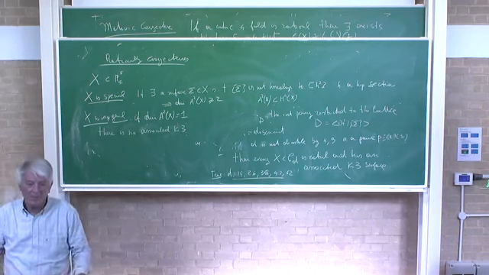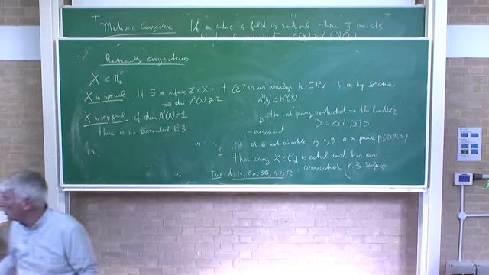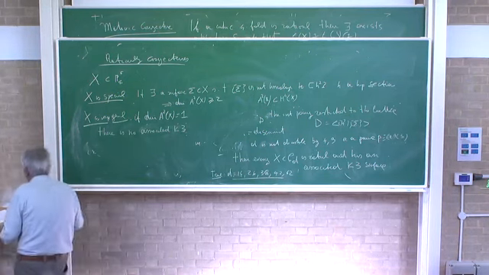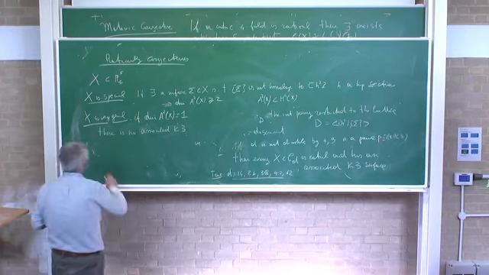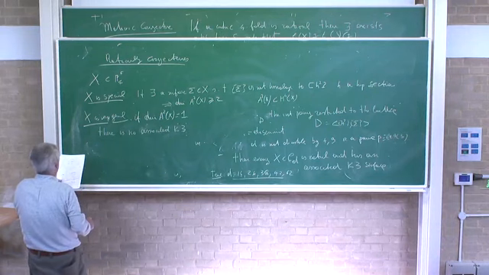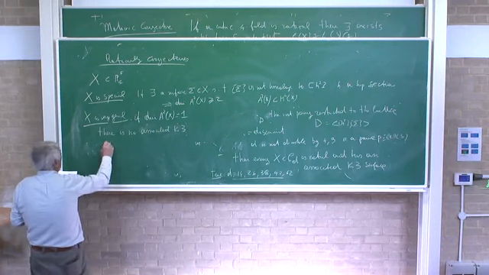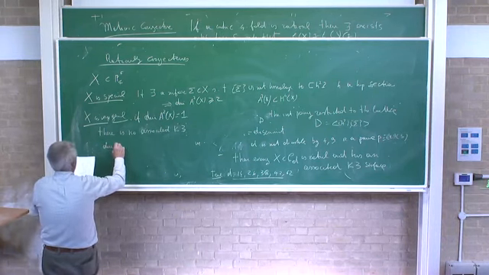Why? Just make a computation on the Hodge diamond. Because if it is very general, then rho 2 of X is equal to 1.